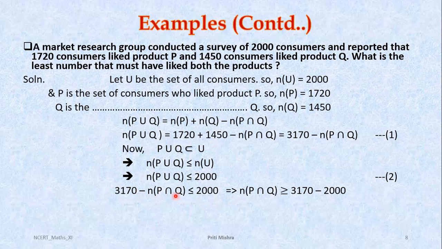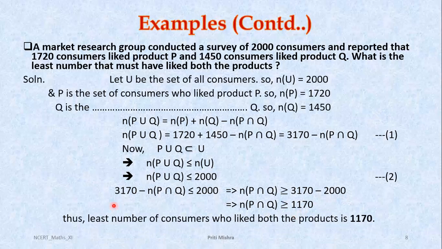In order to make it positive, the inequality will reverse, meaning it will be greater than or equal to. N of P intersection Q will always be greater than or equal to 3170 minus 2000. It means N of P intersection Q is greater than or equal to 1170, meaning this is the least value. This will always be greater than or equal to this value, so this least figure will always be there.